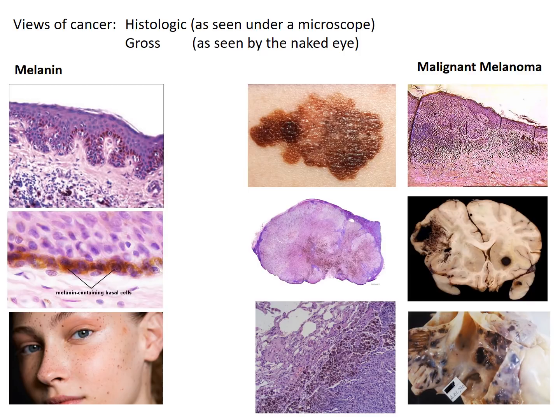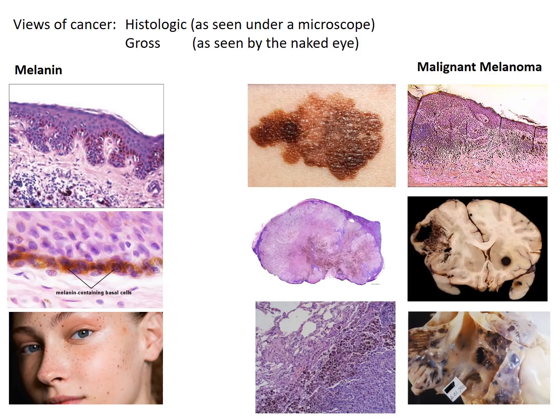But melanocytes can become malignant, and they can then show anaplasia, they can show invasion, they can show metastasis. So look at these different pictures of malignant melanoma on the right in terms of what a primary tumor might look like on skin and what melanoma might look like as it metastasizes to a lymph node, as it metastasizes to the brain, what it might look like under the microscope, showing you its invasion out of the epithelium and into the deeper structures of skin.